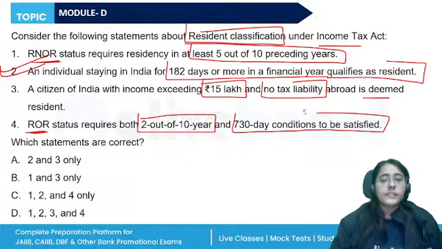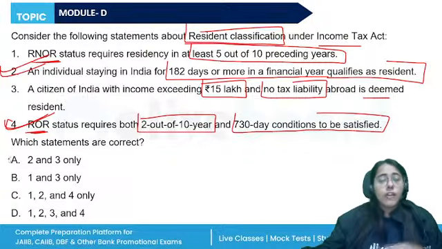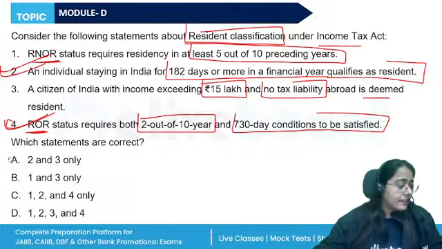Do you want to answer this question? What should be the correct answer? Second statement is correct. Fourth statement is also correct. What is the condition for a resident not ordinarily resident?